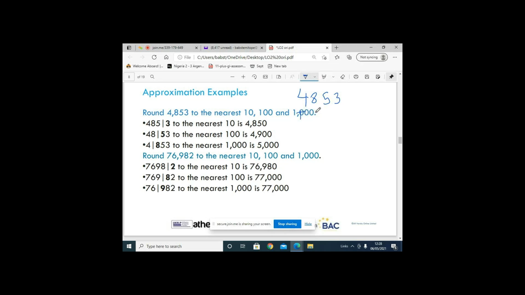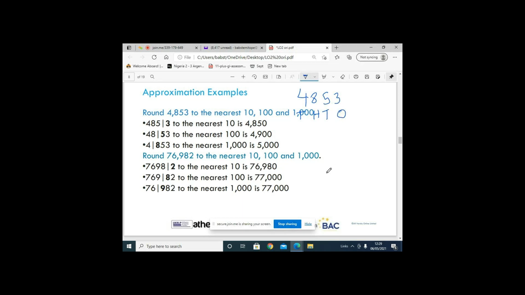And this is the 10. And this is the ones.